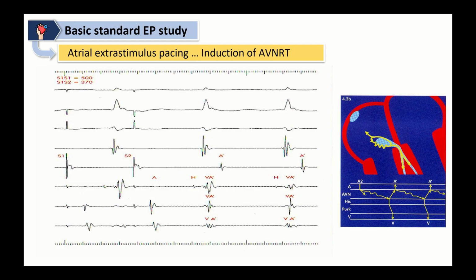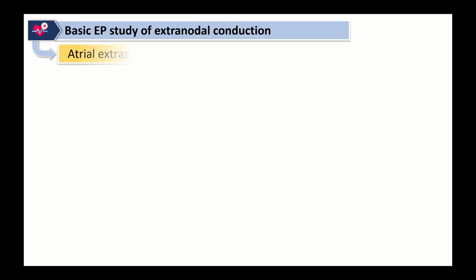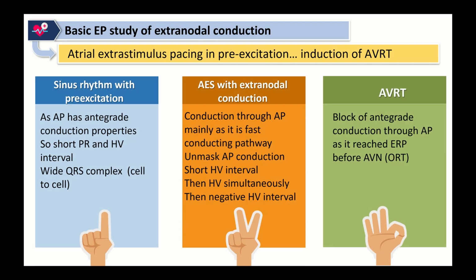Then the impulse goes down to ventricular activation, and retrograde to the atrium through the fast pathway, and induction of short RP tachycardia, very short VA interval. We can appreciate short RP tachycardia, 1-to-1 conduction, VA time less than 70 milliseconds, and the retrograde A, which is called the echo beat. Now this is the typical AVNRT, and we understand the concept.